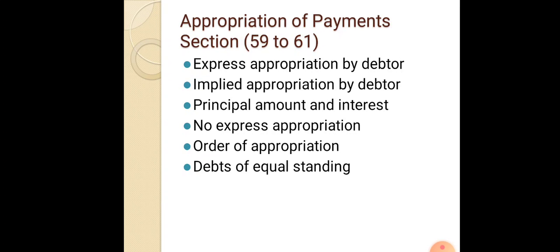We'll see first express appropriation by debtor. If the debtor at the time of making repayment expressly instructs that payment should be appropriated to discharge a particular debt, the creditor should appropriate the amount accordingly.